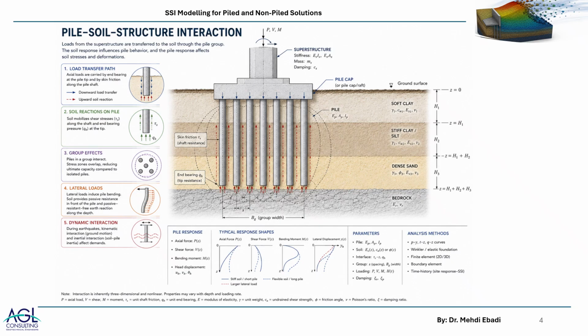For a piled foundation, the soil structure interaction analysis is usually much more complicated compared to a normal foundation. The reason for that is the load transfer mechanism, which, for a normal foundation, is just the underside of the foundation, either a single level or with a few levels up or down.